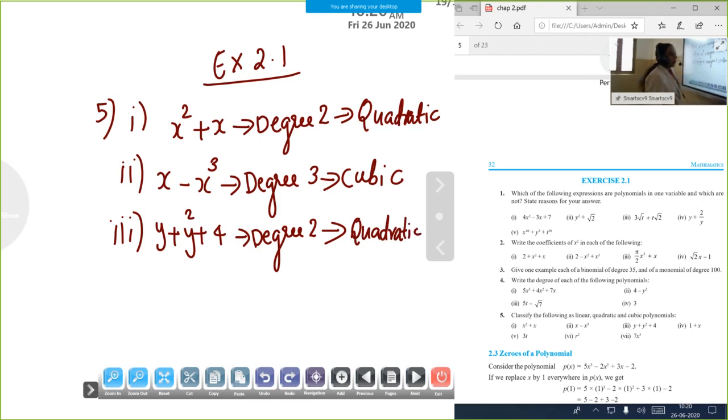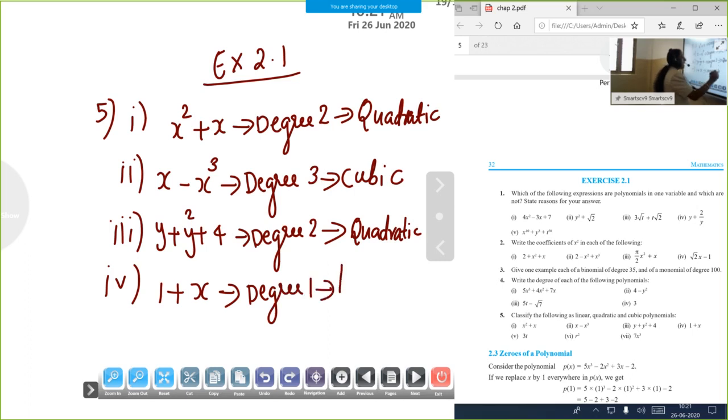Okay. Then the fourth one, 1 plus x. What is the degree here? The variable's power is 1. So here the degree is 1. Which type of polynomial? Linear polynomial. If the degree is 1, it is known as linear polynomial.